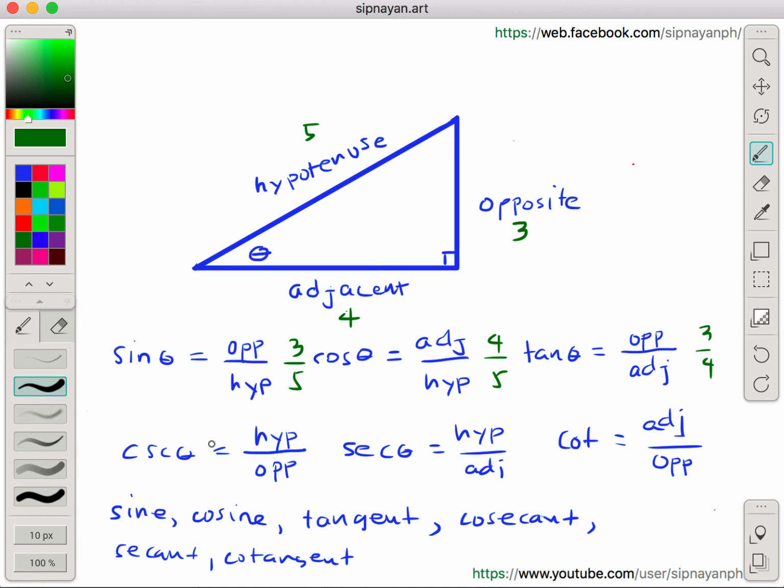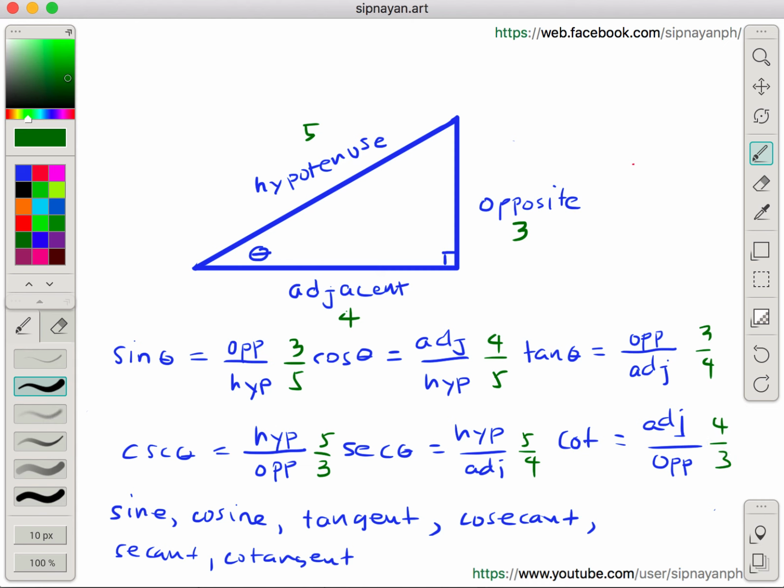And these are inverses of these ratios. So ibig sabihin, babalik rin lang natin siya kasi reciprocal nga. So pag 3/5, ito ay 5/3. Pag 4/5, this is 5/4. And pag 3/4, this is 4/3.